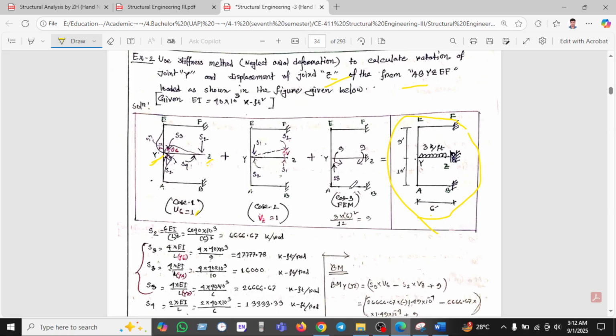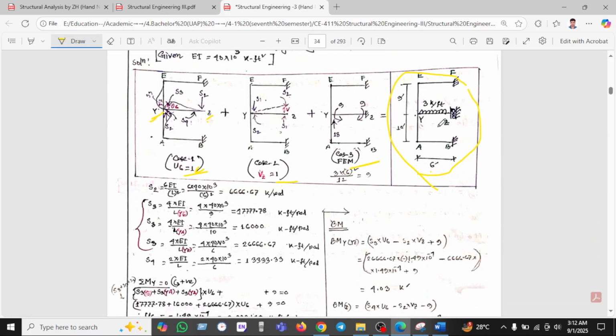So first of all, we have shown here the fixed-end moment, and BZ, that means shear, and UZ, that means rotation here. So the fixed-end moment we found here as UDL, WL square by 12, and finding 9.